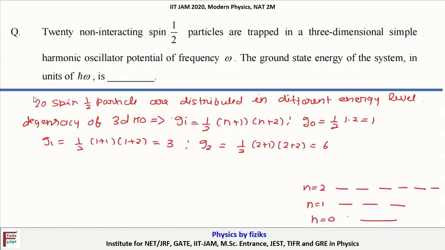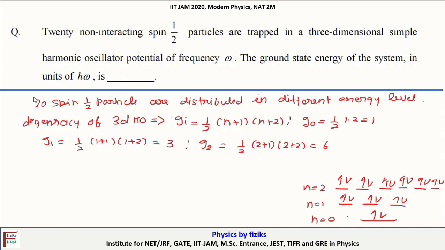Now we have to distribute 20 particles in this energy table, 2 in each state. So that means 12 particles are in the n equals 2 state, 6 particles are in the n equals 1 state, and 2 particles are in n equals 0.